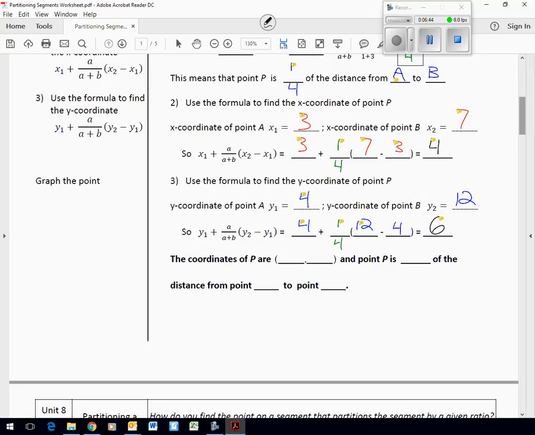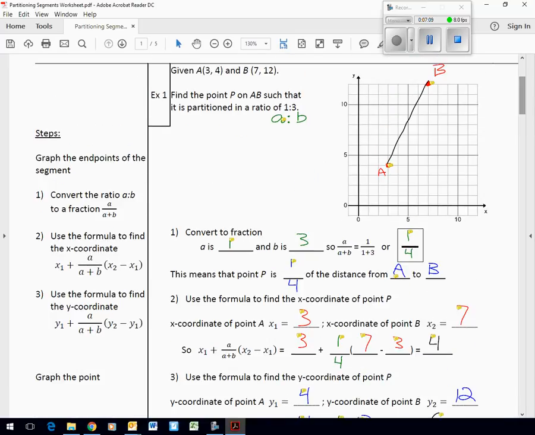So put it together, guys. The coordinates of P are what? 4, 6. Point P is how much of the distance from point A to B? 1/4 of the distance from A to B. Okay? Let's go back up here and plot 4, 6.